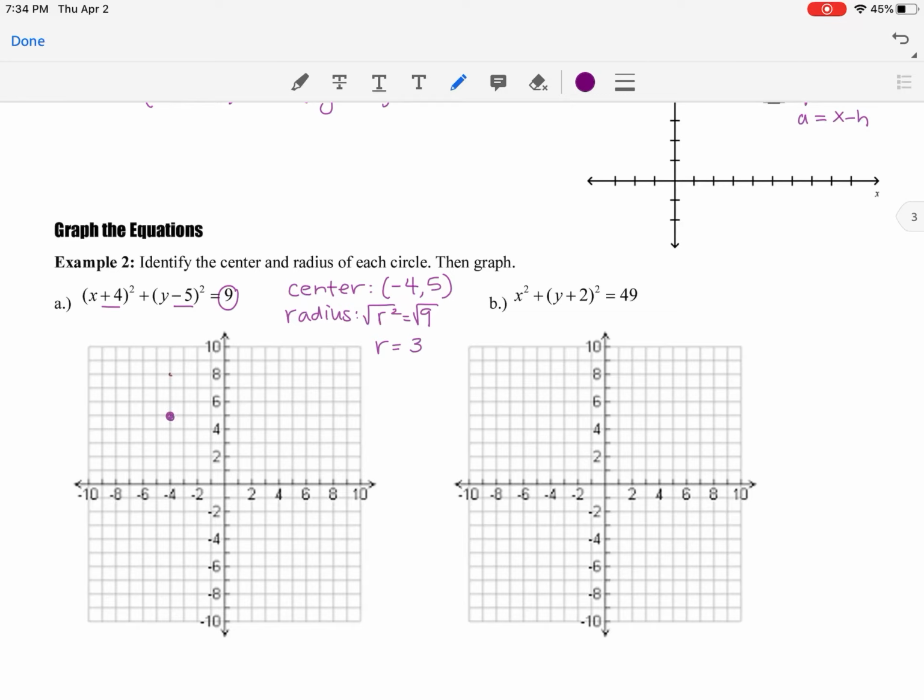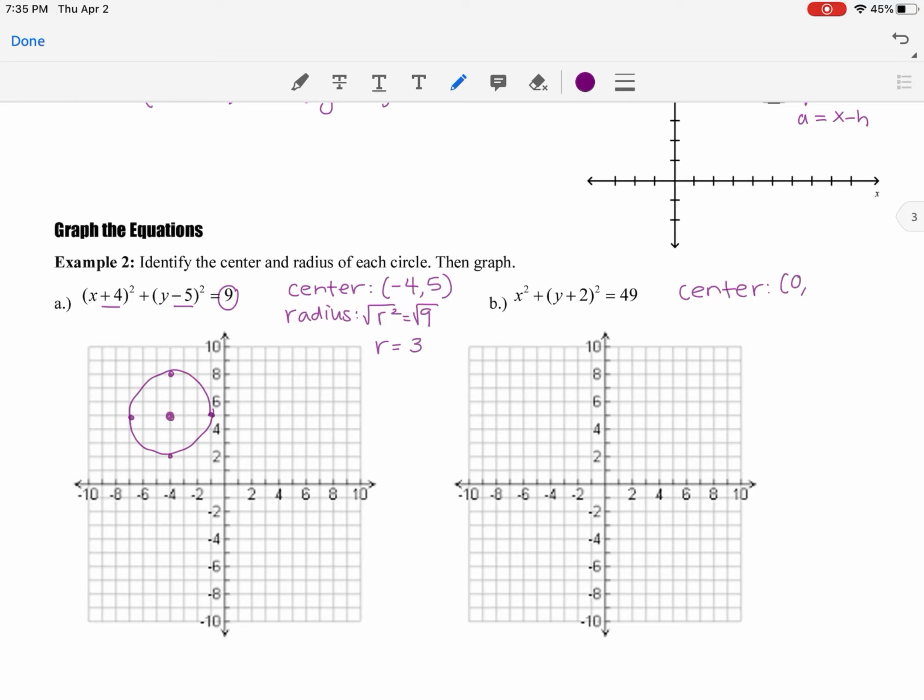The way I usually graph this is I'll go to -4, then up to 5, and then I go up 3 and over 3, or down 3 in each of the cases. If you have those 4 dots, then you connect it in the best circle you can make. Over here on the right, let's do the same thing. We've got a center.